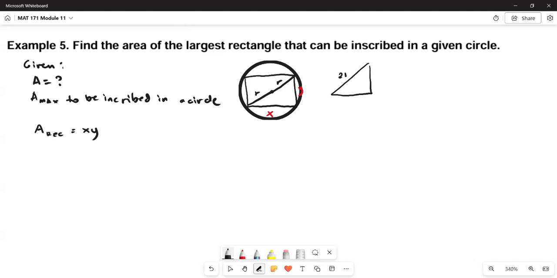Wherein ito ay 2R dahil pag-a-add lang natin yung dalawang R, which is the radius, and then we have x and then y. So if we will proceed to Pythagorean theorem, so we will have 2R squared is equal to x squared plus y squared. So simplify lang natin, 4R squared is equal to x squared plus y squared.